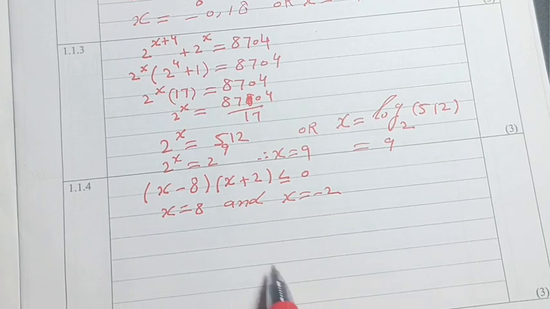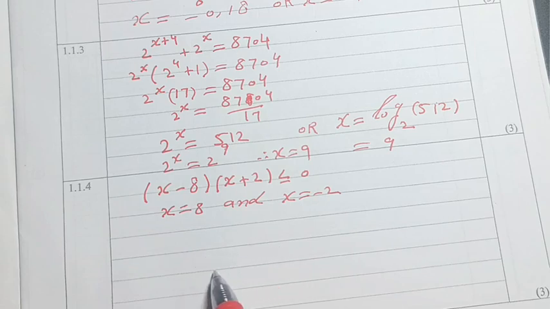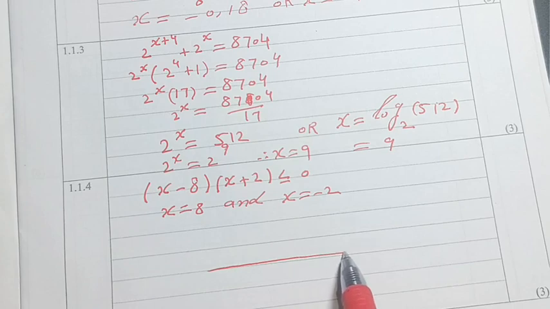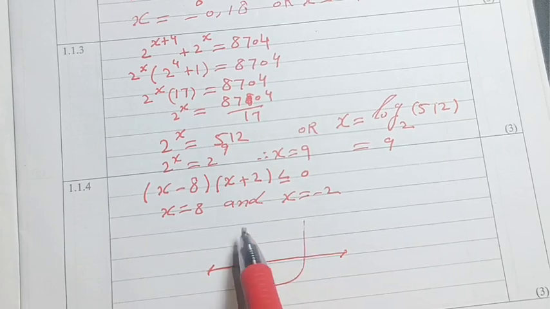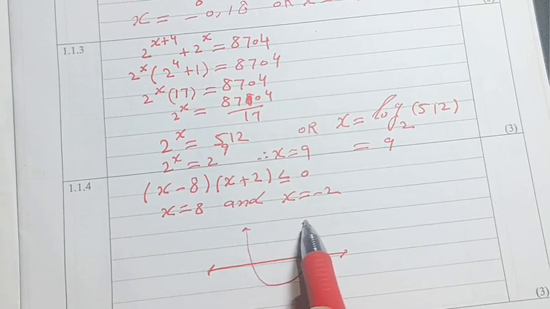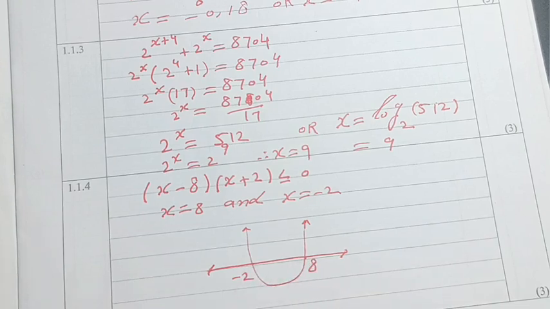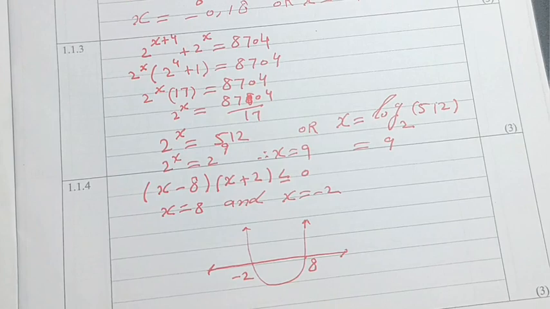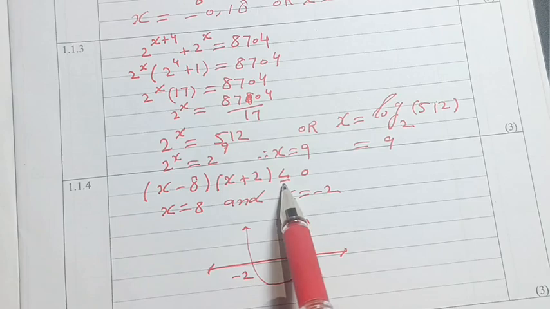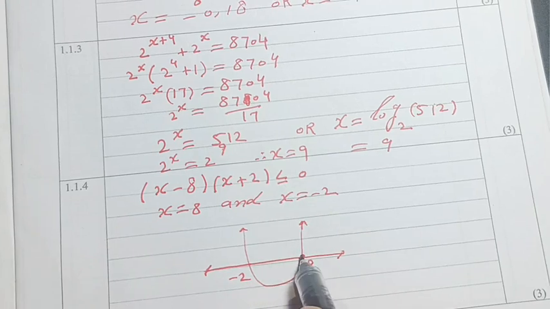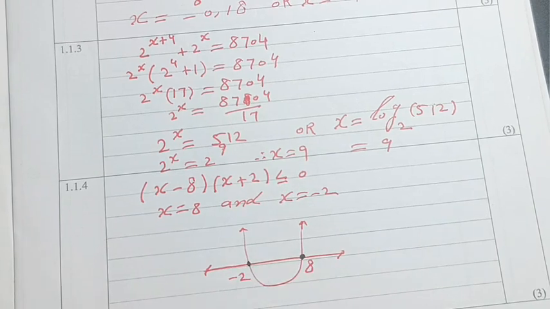Now I need to draw the number line. Say this is the number line, and there is a parabola. I need to show my answer on the number line. So negative 2 is here and positive 8 is here. Since there is an underline, this is included, and this is also included.